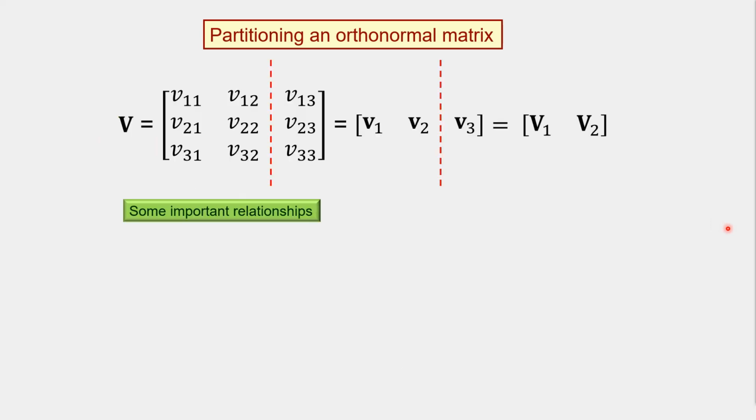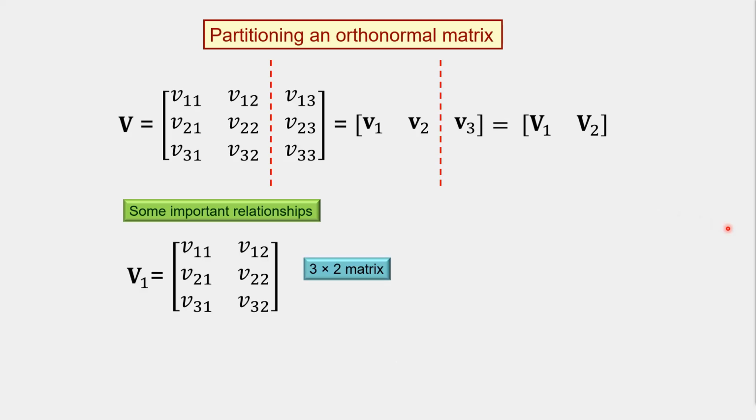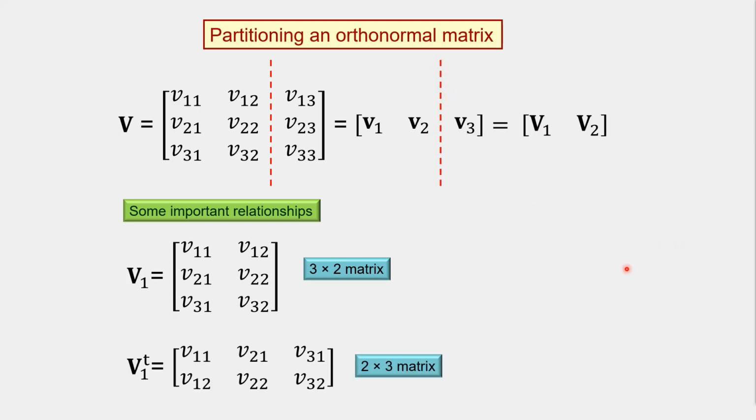Some further important relationships which we'll use in other videos. Here's V1, the matrix we obtain by the partitioning defined by this red line. Here's the transpose of V1, where we've simply flipped the rows and the columns. A lovely relationship is this one. V1 transpose V1 is equal to the identity matrix.